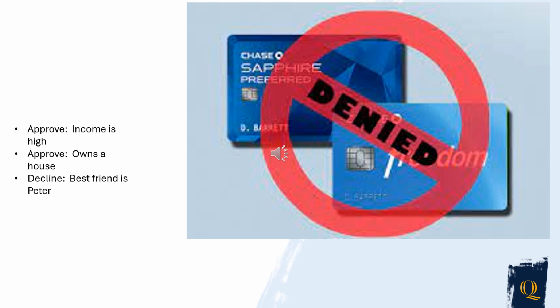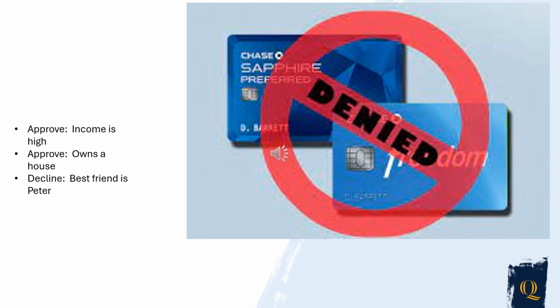When banks assess your application for a credit card or a loan, they use predictive models to make decisions based on a variety of factors. These models evaluate your financial information and history to determine the likelihood that you'll be able to repay the loan or manage credit responsibly. For instance, if your income is high, the model might approve your application. Similarly, if you own a home or a house, this might increase your chances of approval as it signals financial stability.